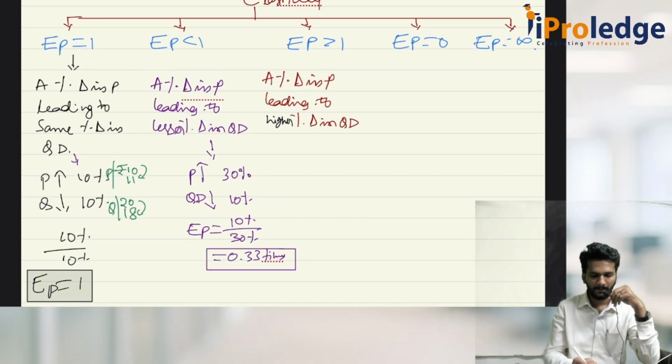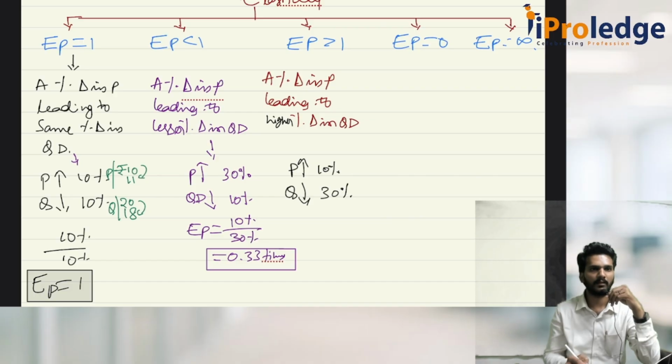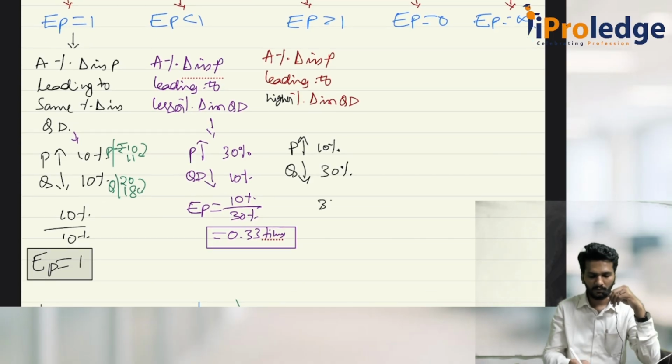That means price increased by 10%, quantity decreased by 30%, which leads to 30 by 10 is equal to 3, which is the elasticity of price.